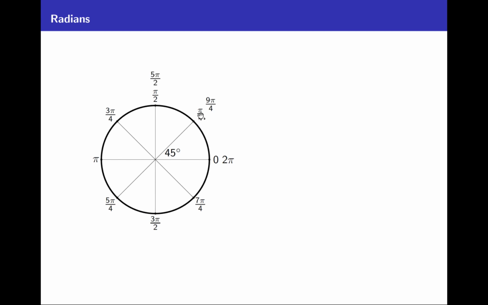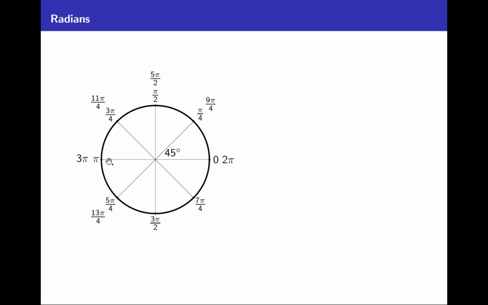Add another pi over 4, you get 10 pi over 4, which reduces to 5 pi over 2. That's right there at pi over 2. Continuing, you get 11 pi over 4 radians, and here you are at 3 pi radians. Let's see, pi, 2 pi, 3 pi.